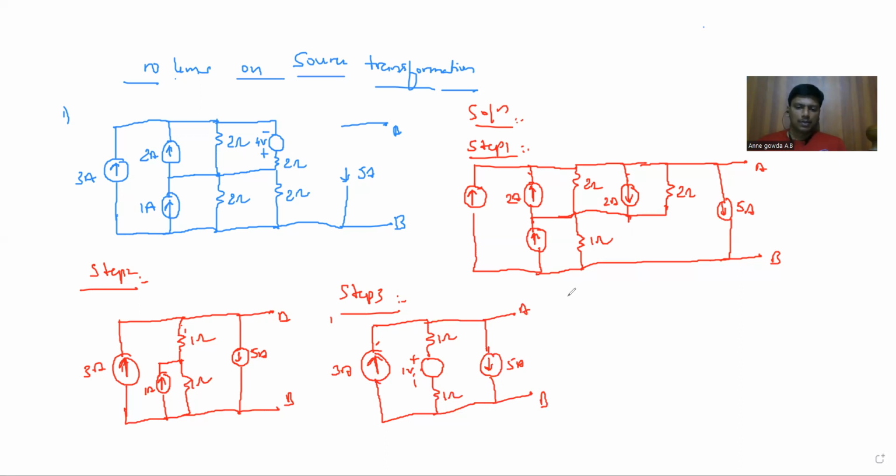So in my step 4, now 1 ohm and 1 ohm are in series, so the equivalent resistance will be 2 ohms, and that is in series with the voltage source of 1 volt. So I'll convert that into a current source.